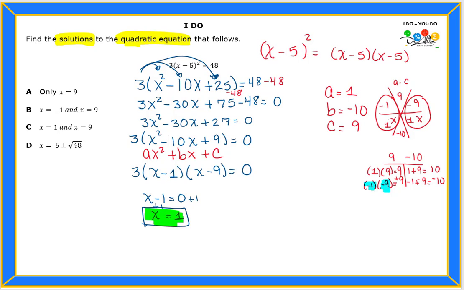On the other side, I have x minus 9 equals 0. So I'm going to add 9 on both sides. And that gives me x equals 9. And guess what? That's my other solution. So the solution for my quadratic equation is going to be x equals 1 and x equals 9. So what does it mean by solutions?